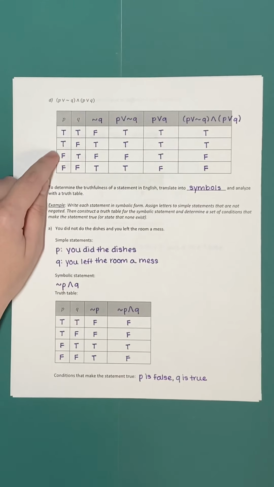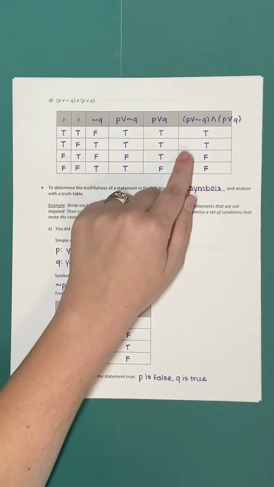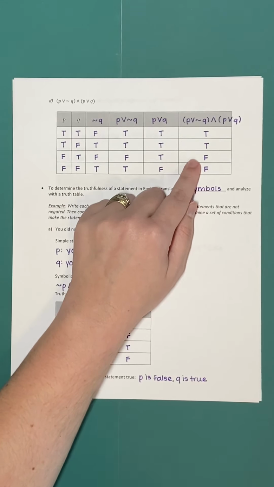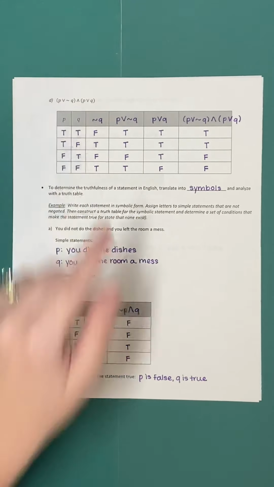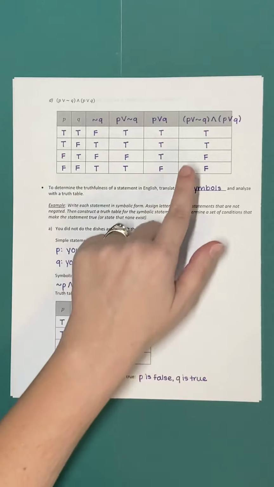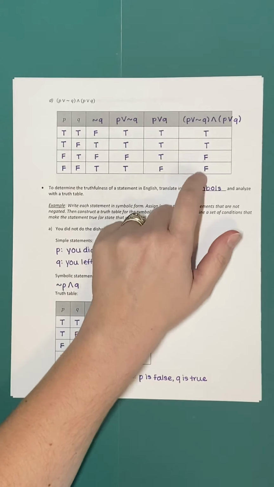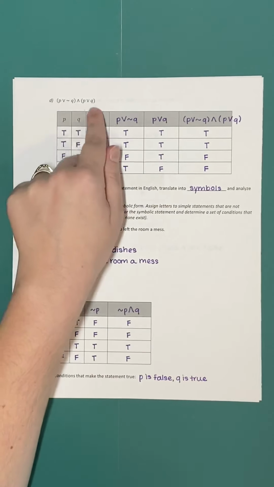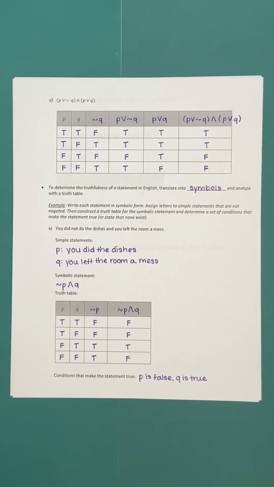And anytime the statement P is false, we're going to get a false result. And again, if we knew what P and Q were, and we could determine whether those original statements were true or false, then this particular column is going to give us a sense of what this structure means for those particular values for P and Q.